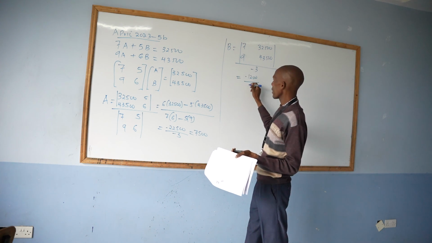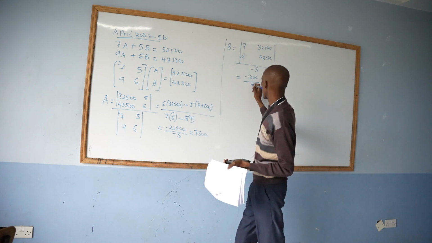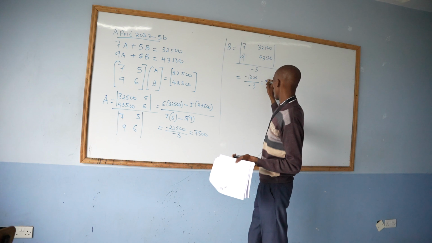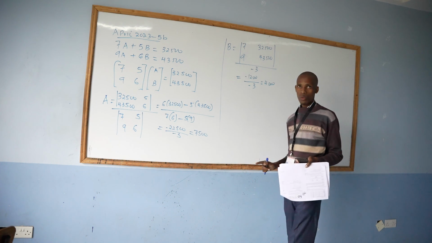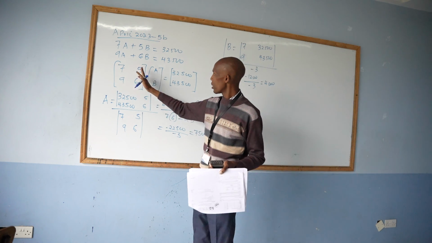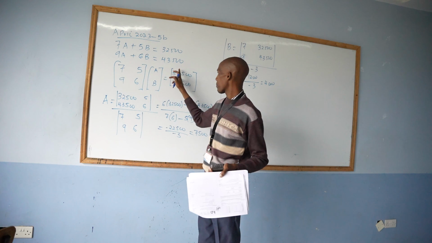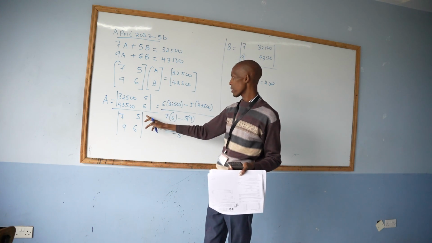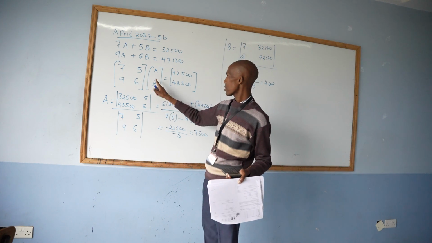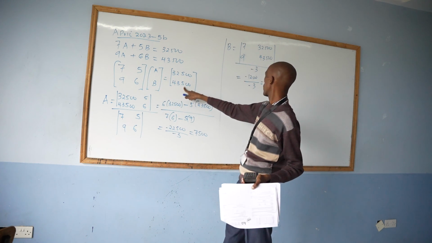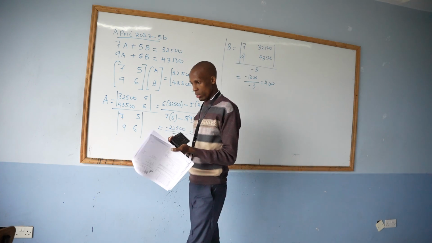Then you divide by the determinant. Remember, to solve for A, you take the values of A and replace them with the solution. In the same way, to get B, you take the answers, get the determinant, then divide by the original determinant.